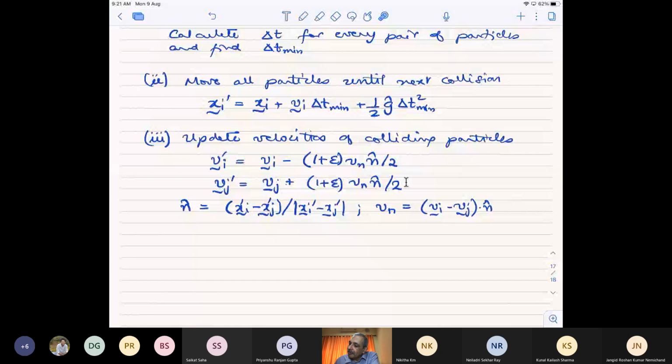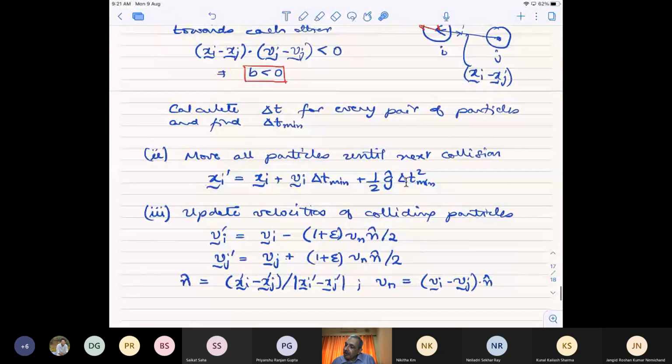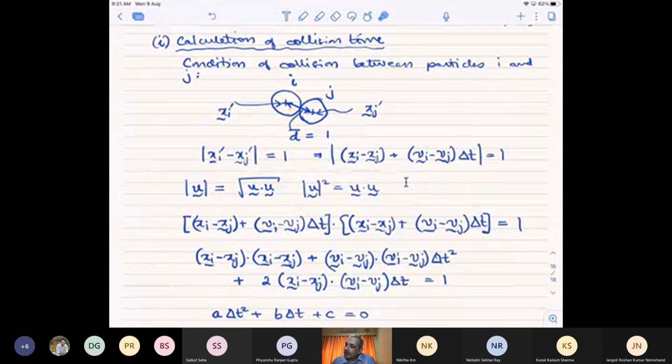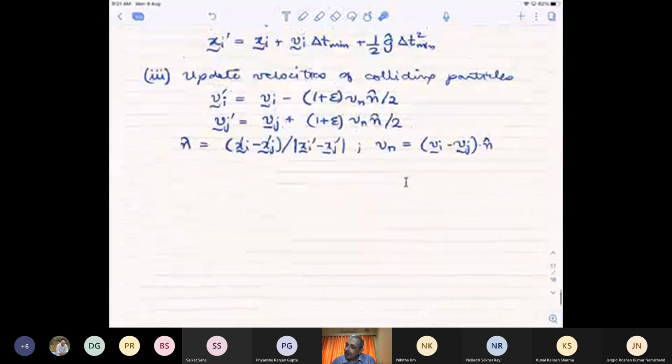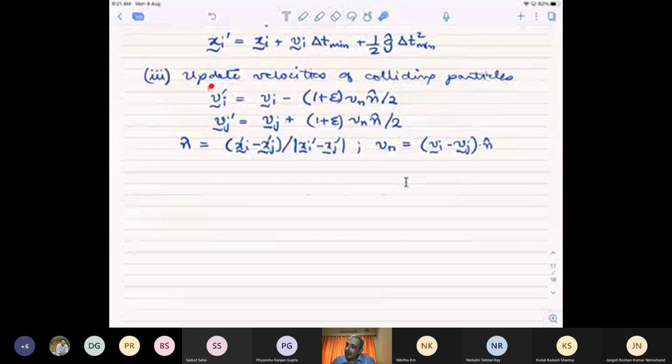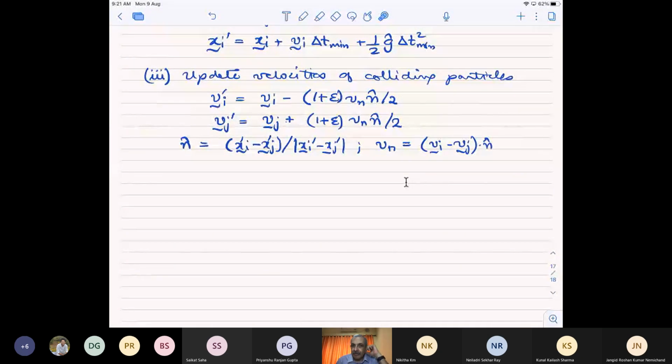Then we move all particles by this minimum time. All the particles will move, and only the colliding particles will take up this configuration: they'll be touching. At that point, you update the velocities of those particles using these formulas. So you'll have new velocities for I and j. The velocities of everything else will be the same.